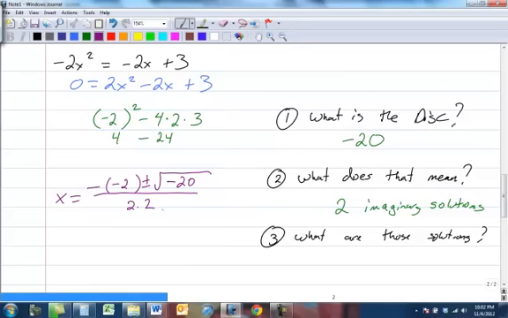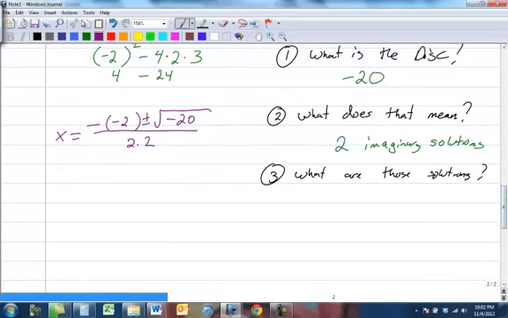All right, so let's simplify this a little bit, shall we? So we got 2 plus or minus the square root of negative 20, which breaks down to 2i root 5. The whole thing divided by 4. Now you look at the 3 coefficients or constants. So here I got 2 plus or minus this next 2 divided by this 4.